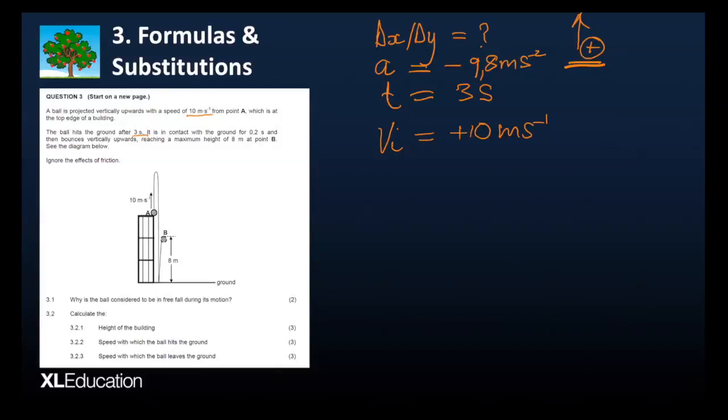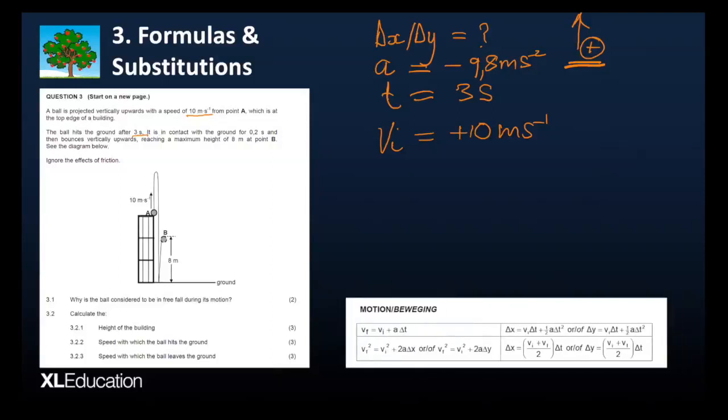Let's check what other information we can extract from the paragraph, which will help us to choose our formula, right? Now we have got this information. Let's see from our equations of motion which one of the equations will be the most appropriate one for us to use.